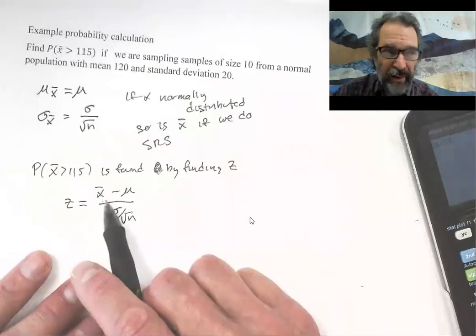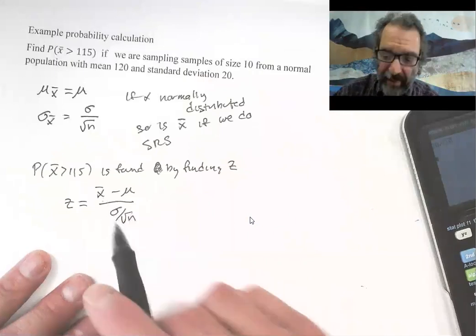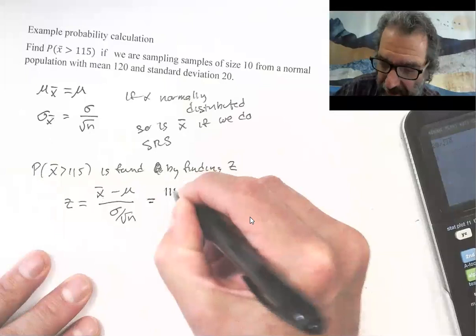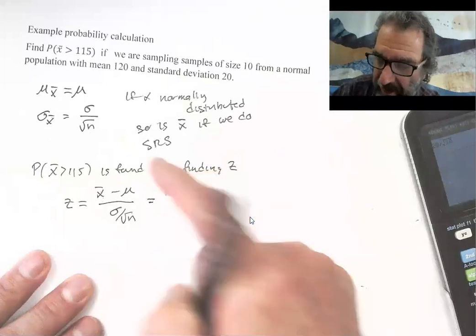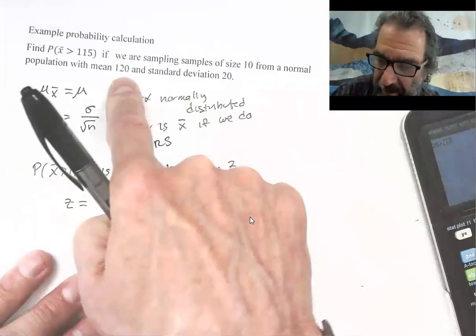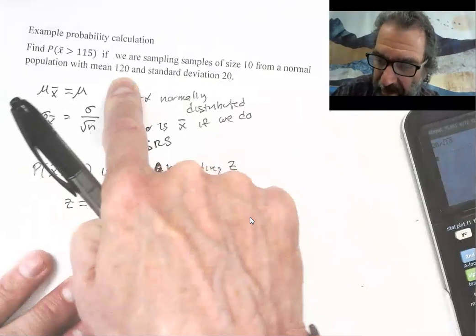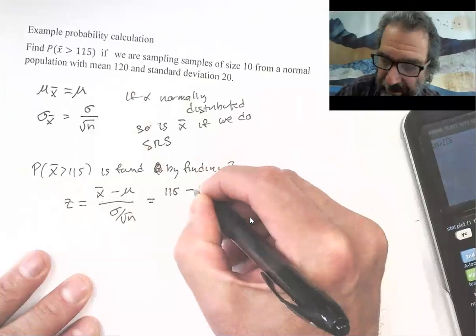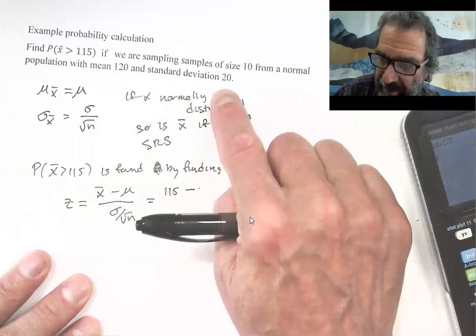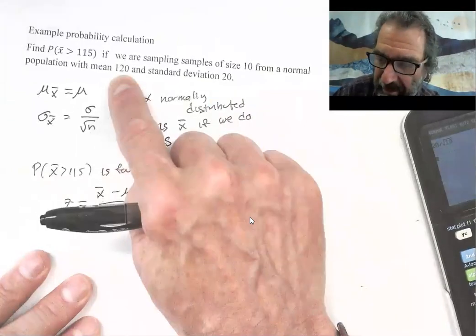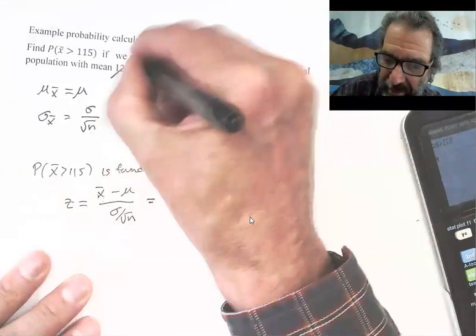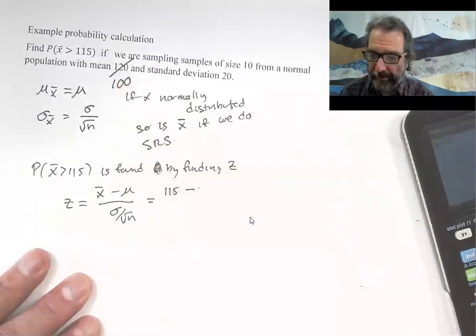Use its mean, use its standard deviation. And the value we're thinking about is 115. The mean is 120. That's not what we had in our graph. Even though we thought the standard deviation was 20, we thought the mean was 100. Shall we do 100? What the heck? Let's do 100.